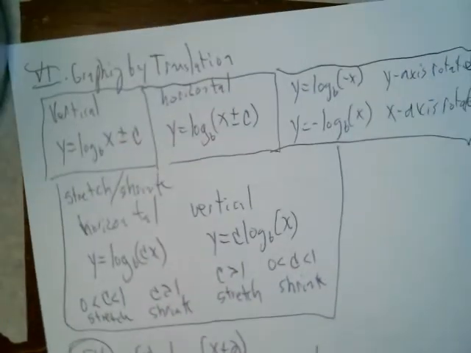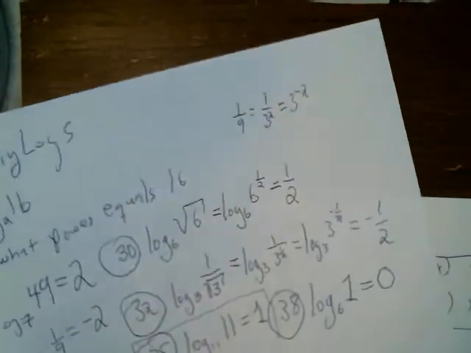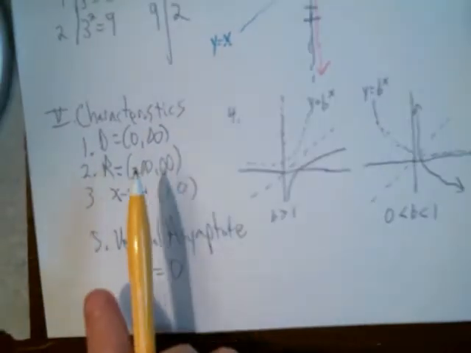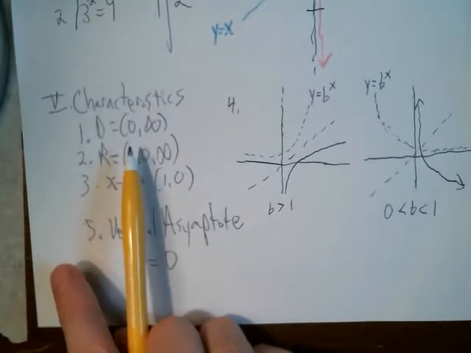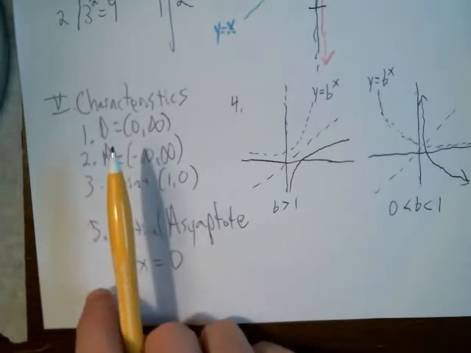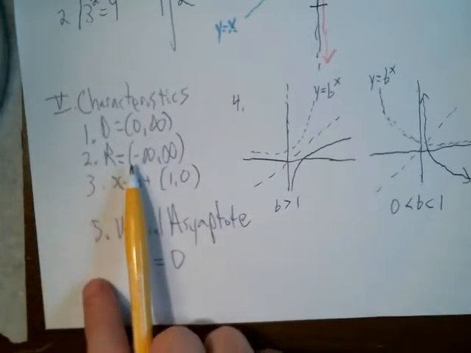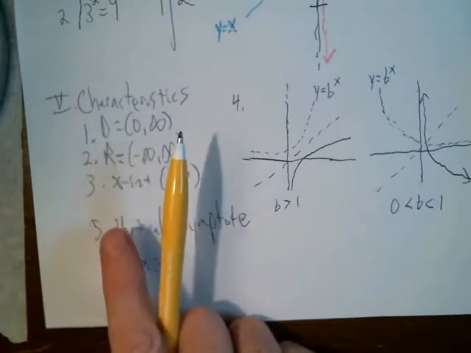One new thing about these logarithms is the domain issue. Polynomial domains are negative infinity to infinity. Exponential domains are negative infinity to infinity. There's no issues there. But when you start talking about square root domains, you have to make sure everything in the root is greater than or equal to 0.